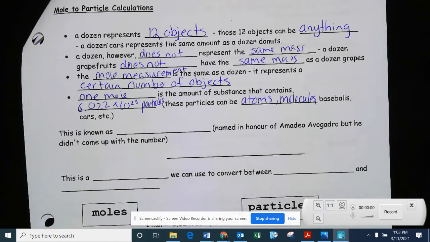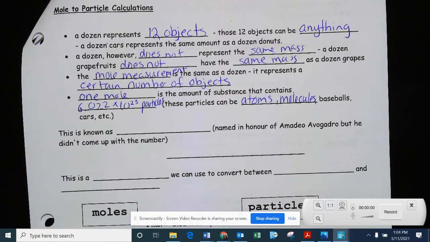Exactly, yeah. So a molecule is going to be more than 1 atom together. So you can have a mole of a single atom, such as like chlorine or copper, or you could have a mole of a molecule, such as water, which is H2O. Is it always going to be water? The molecule? No. Okay. Good.